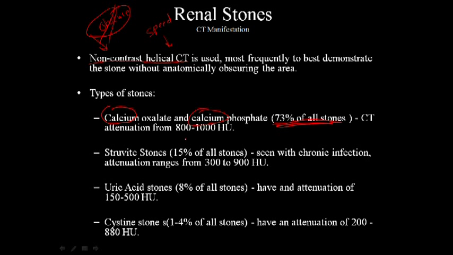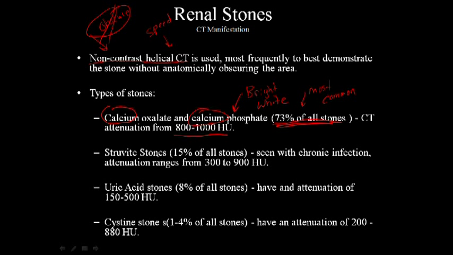CT attenuation is going to be the most for this type of stone, being around 800 to 1,000 Hounsfield units. So the thing that you want to keep here is that they're going to be bright white, more so than all the other stones because of the amount of calcium that they have in them. And notice that this is the most common. And so typically that is going to be what you're going to see.